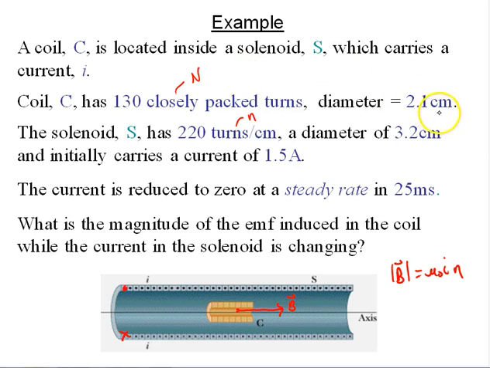We don't know the current, but we know that the current is changing with time. So the rate dB/dt is mu naught n dI/dt. That's our mu naught, permeability constant, and our turns per unit length. As that changes with time, that's going to induce an EMF in this coil, and we want to know what is the magnitude of that as this current is changing.